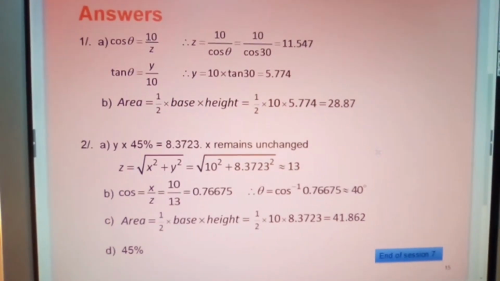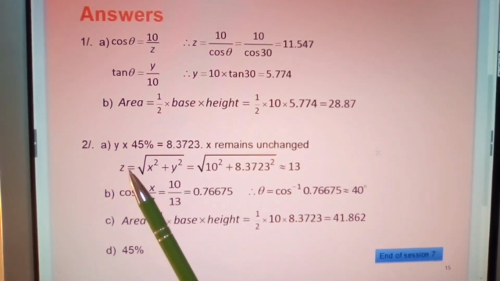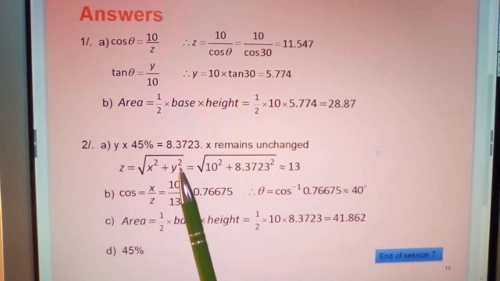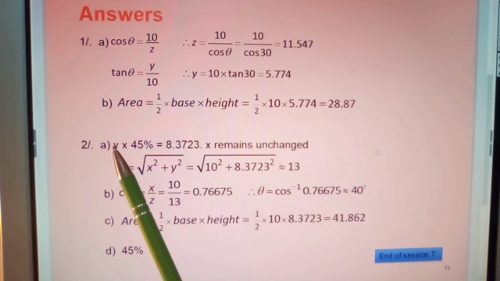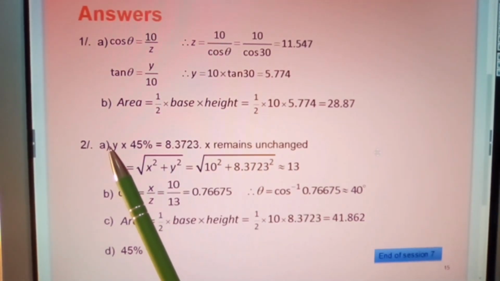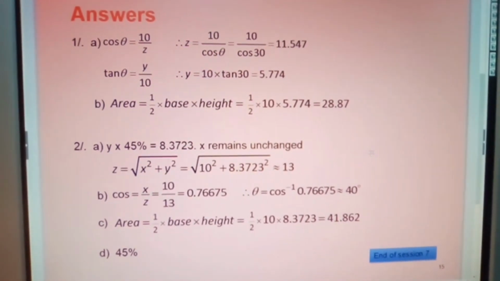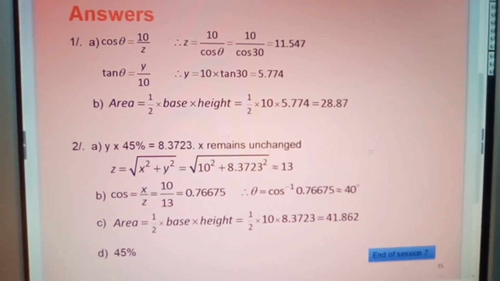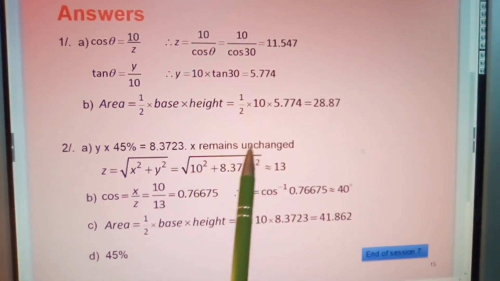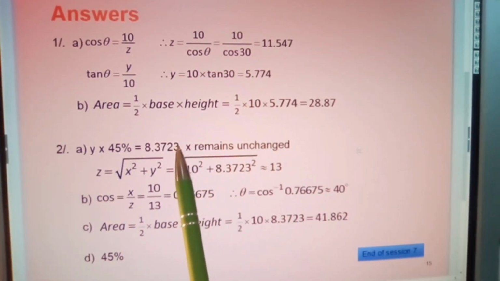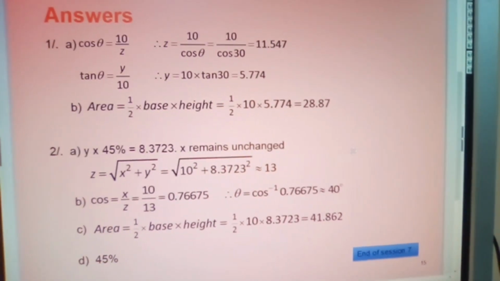So here, make sure you write this out and you understand how they got the values of z equals x squared plus y squared. Okay, you then need to put these values in. Y, x, 45 degrees, and again you're looking at it, and it's mentioned in here, x remains unchanged, z equals x squared plus y squared.